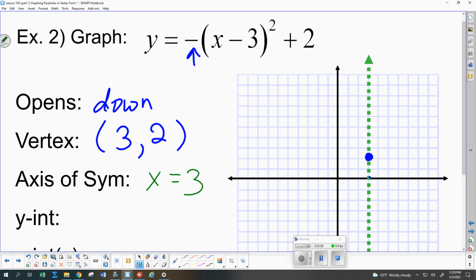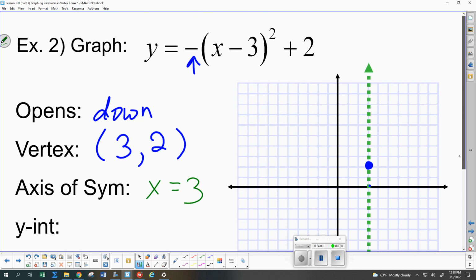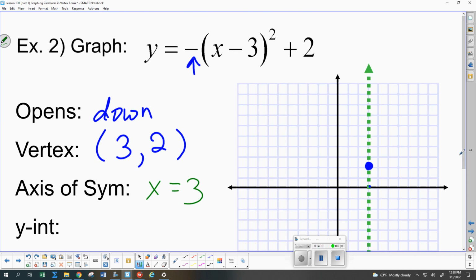Now we're left with coming up with the x and y intercepts, and maybe those are all easy to plot, maybe not, but we need to end up with 5 points, and we already have the vertex as one of them. So y-intercept, we need to let x be 0. So you crunch out some work right now. Let that be 0. Y is a minus sign in front of that parentheses. 0 minus 3 on the inside. Square that and add 2.